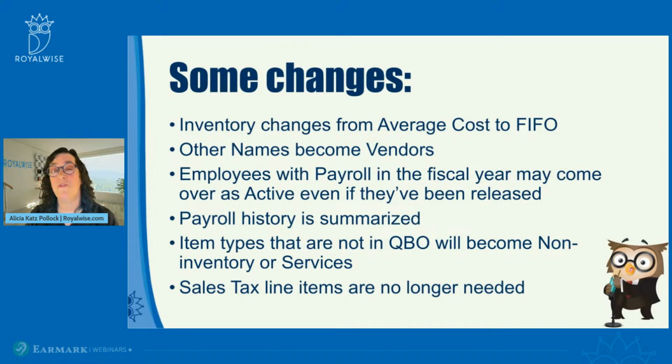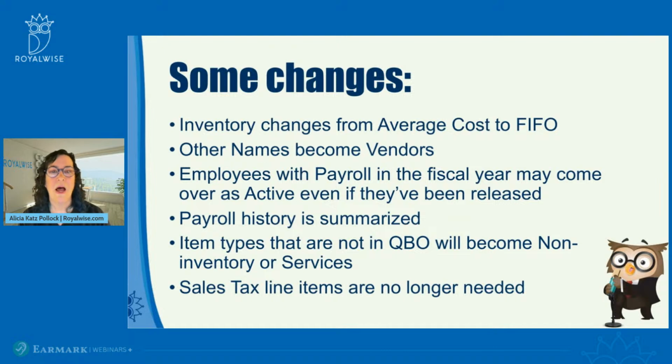QuickBooks Online does first in, first out. So whatever you paid for the very items that are selling right now is what moves from one to the other. So it's technically more accurate. But if you are over $1 million in revenue, you are actually going to have to file a form with the IRS and let them know that your inventory basis is changing.